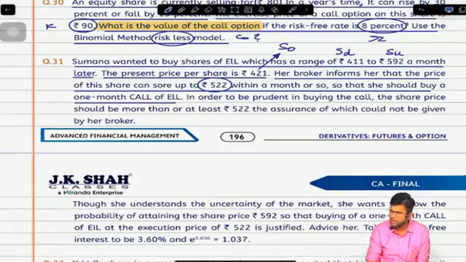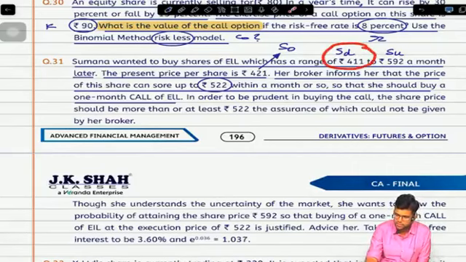This broker is telling Sumana ma'am that this share price can cross 522. See, I personally feel maximum it can drop to this, maximum it can rise to this, but I am pretty sure it will cross 522, is what he is saying. They are all talking futuristic.